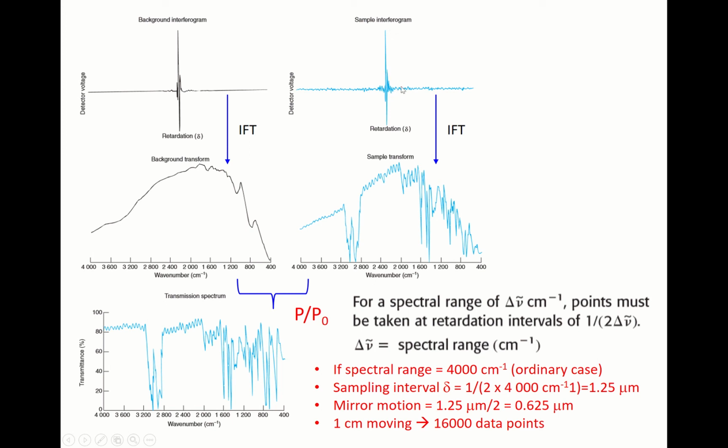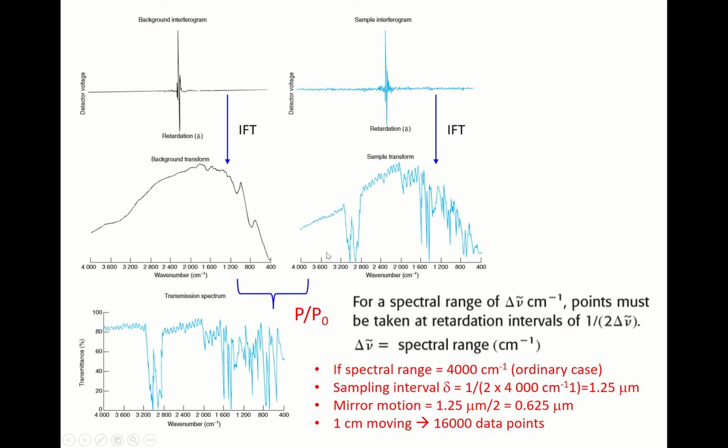From this interferogram alone, it is impossible to know what the actual spectrum looks like. How do you infer the spectrum from this interferogram? It's impossible. But after inverse Fourier transformation, you get this spectrum.